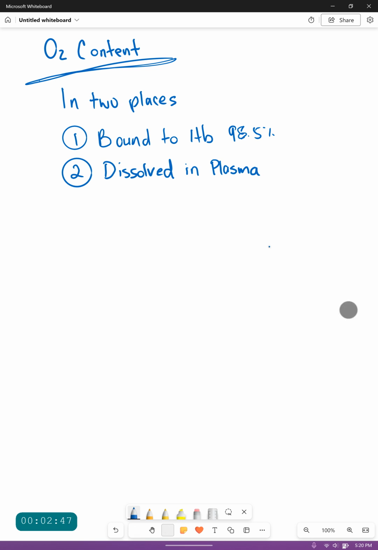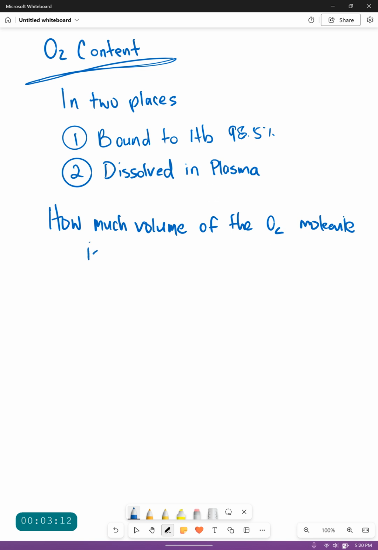This asks the question how much volume of the O2 molecule is in my body.